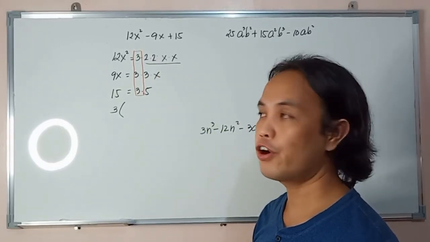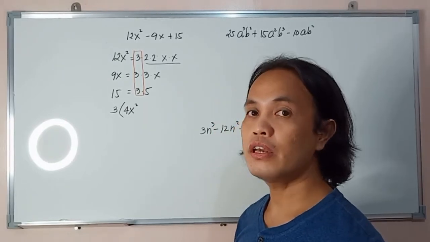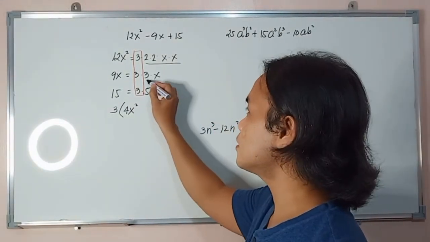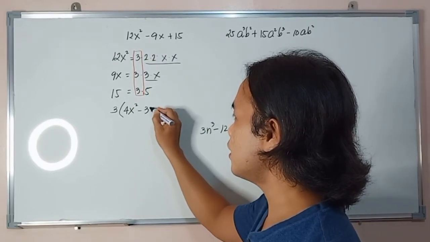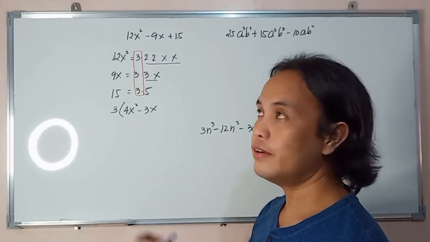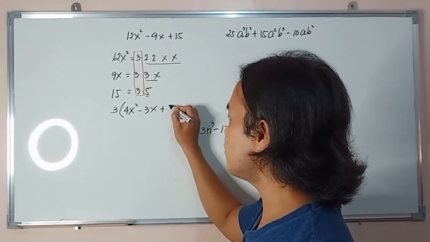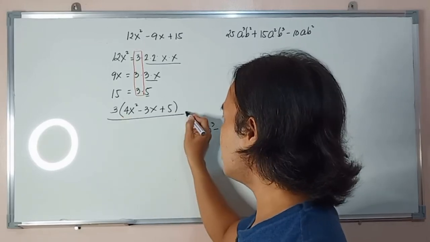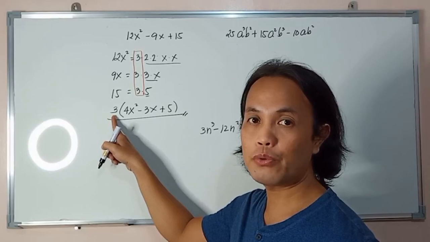So that is 4x squared. For the second term, the remaining factor is 3x. So we copy minus, we write 3x. And for the last term, we have plus, the remaining factor is 5. So these are now the factors of this trinomial with a common monomial factor which is 3.